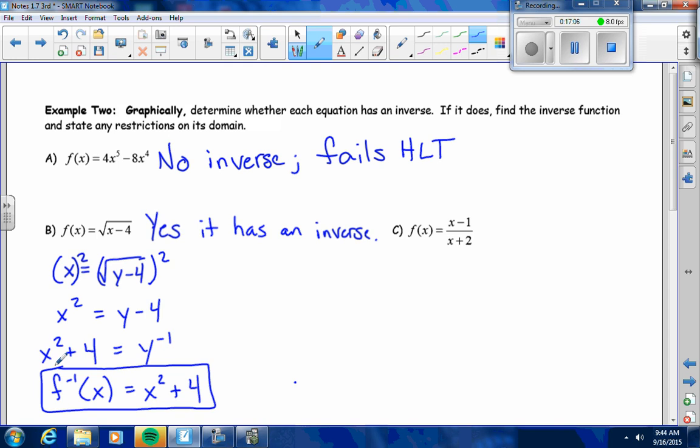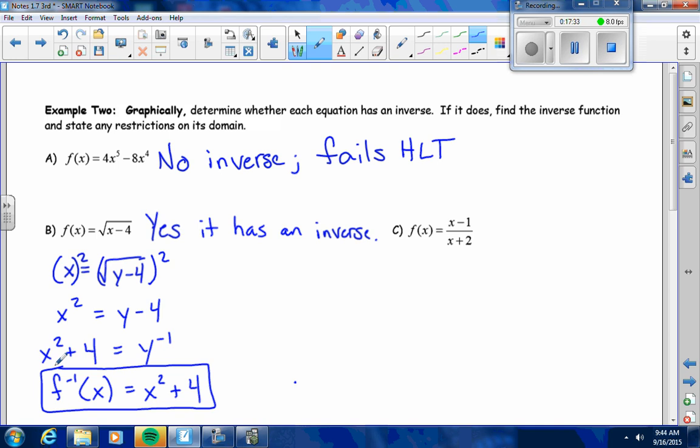Now, let's think about this. X squared plus 4, what would that graph look like? It's your parabola moved up 4 units. Now it's the entire parabola. Well, if I reflect that over the line y equal x, does that give me the square root of x minus 4 graph that we just looked at?